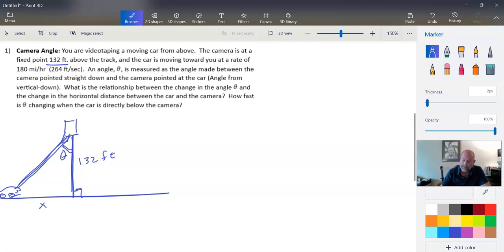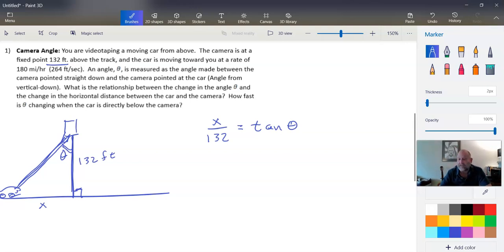And so I can set up an equation now. From this angle, it looks like opposite over adjacent would be x over 132. And that would make that the tangent of theta. So this time we actually came up with our own equation that relates the two things. And it's just from drawing the picture that we had to see it.